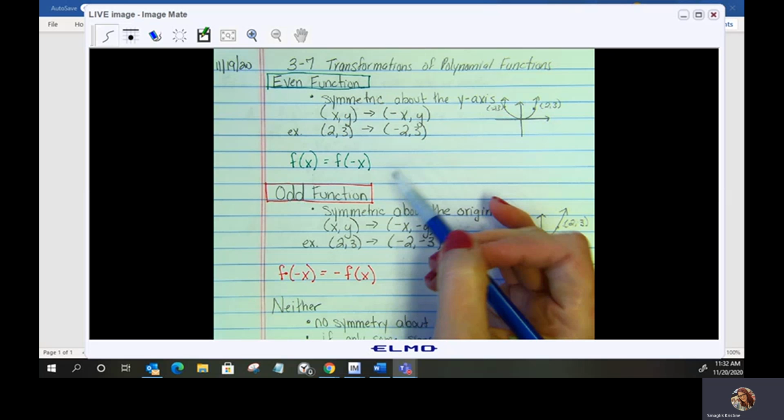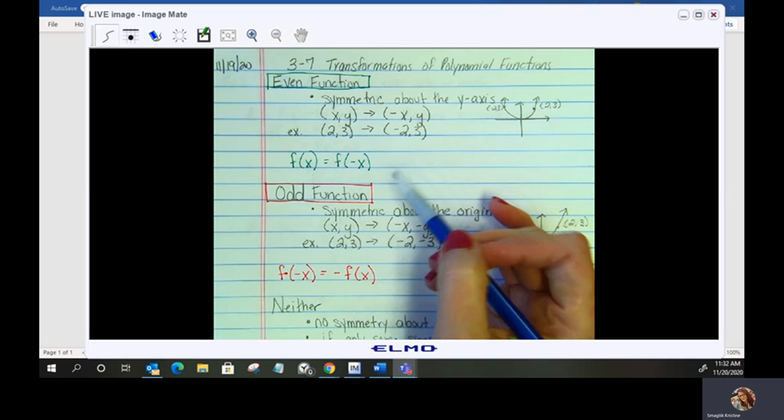Let's do a few examples. So here's going to be our algebraic test. What you're going to do is substitute negative x in for x. So I'm going to take f of negative x equals 4 times negative x raised to the 4th power plus 5, and let's just evaluate.